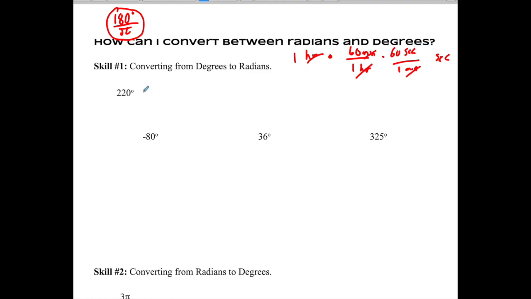Similarly, you want the degrees to cancel because you want to get to radians. So I take my pi and put it over 180 degrees. That way the degrees cancel out and I'm left with pi. You should have pi in your answer if your answer has radians.